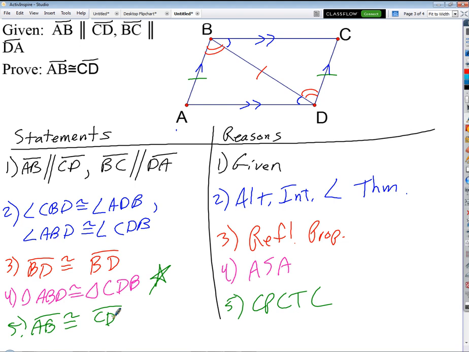Their measures are equal, that's it, right? It's probably not a bad idea to line these up the way they are in the triangle, but I could have switched those endpoints around, and the segment congruence is still the same, because sides and segments are the same thing. We've been dealing with segment congruence for a long time, and I've never been very particular about getting the endpoints in a specific order, so we still don't have to. Okay? Make sense?